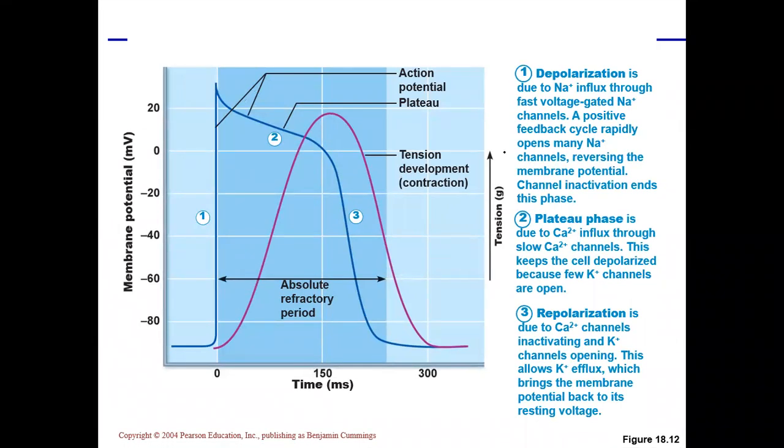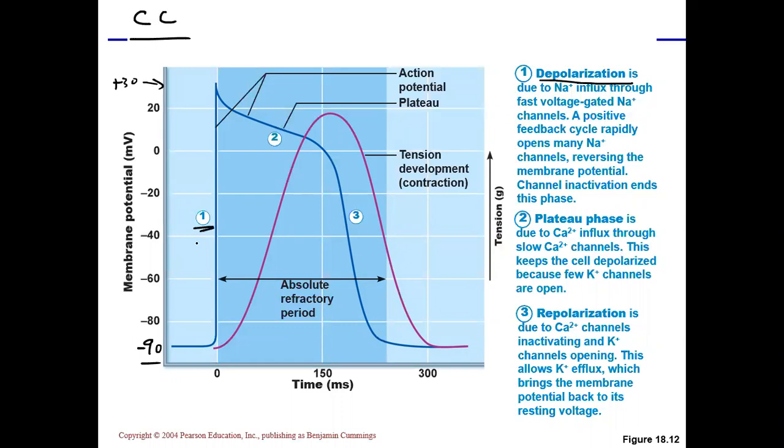All right, so here is what is happening in the contractile cells. And the first part is the depolarization. So remember, positive ion came in from the autorhythmic cells, and as a result of that, you could see you're going from negative 90 or so all the way to the positive, maybe 30.